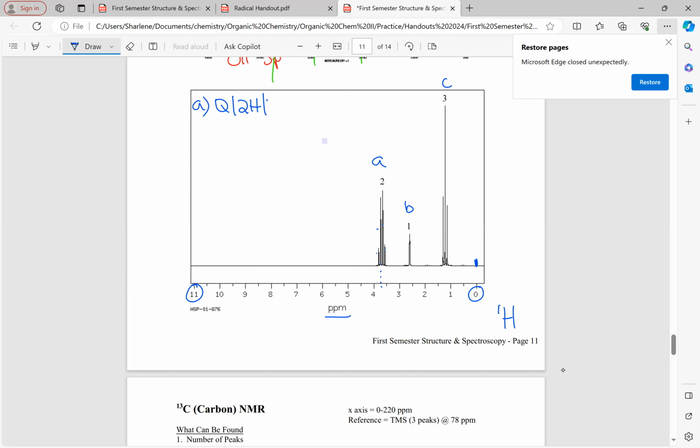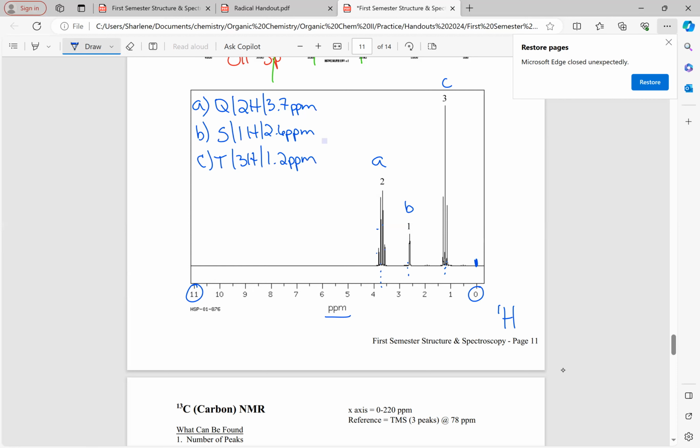This one, B, is a singlet that integrates for one hydrogen, and it looks like about 2.6. And then this one is a triplet that integrates for three hydrogens, and it looks like 1.2.